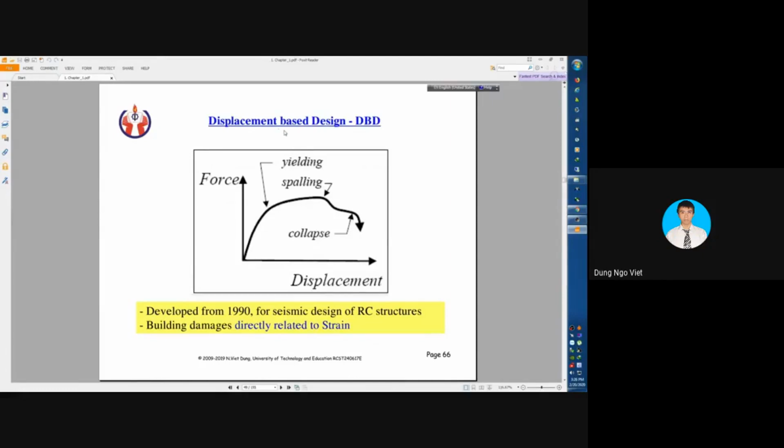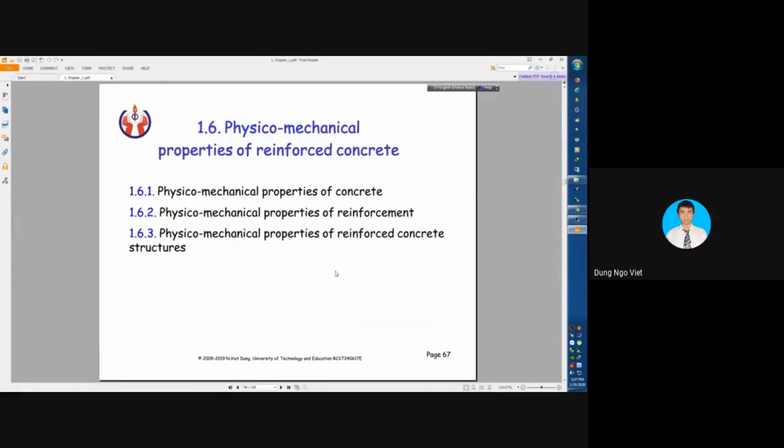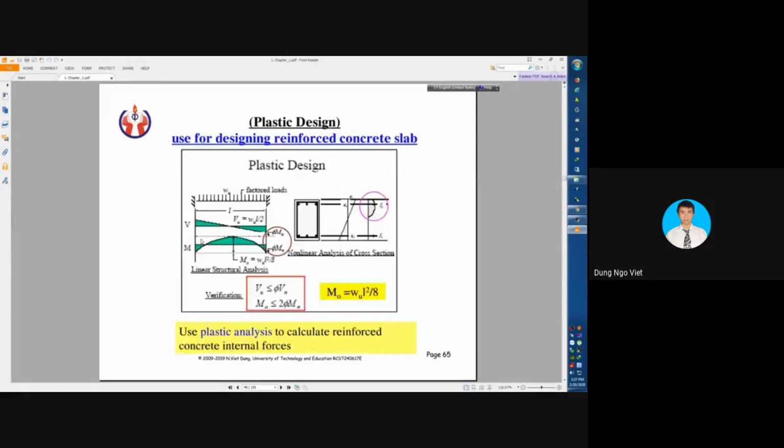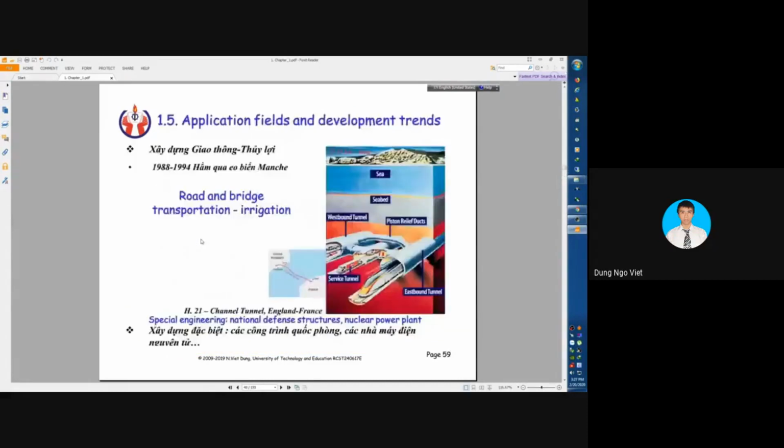And displacement-based design research developed from 1990 for seismic design of reinforced concrete structure. This is the force and this is the displacement of the structure. And we can calculate the building damages directly related to the strength. So this is the end of 1.5 of chapter 1.